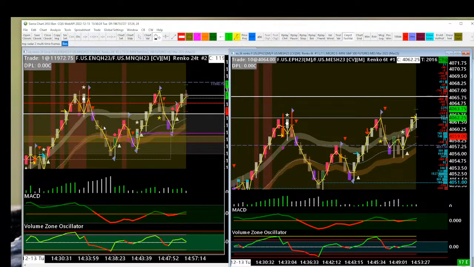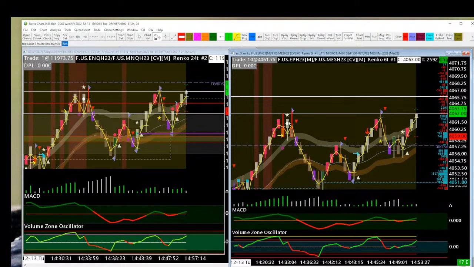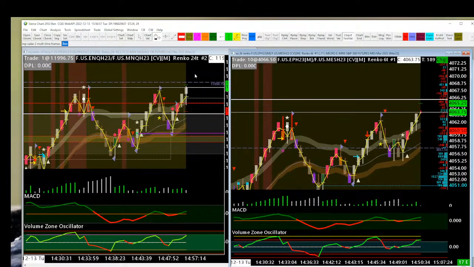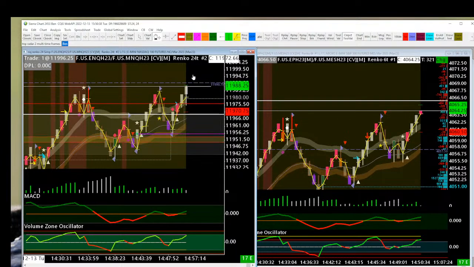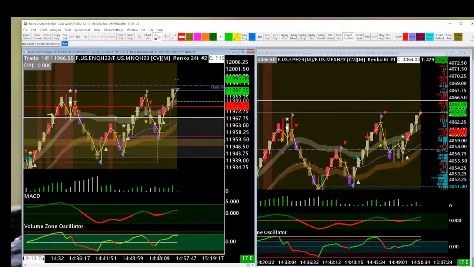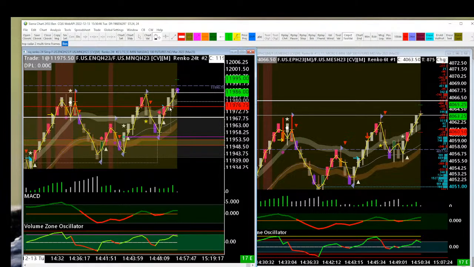Okay, so reject. Do they reject this red level? No. So they didn't get the green bar here. They got a volume anomaly. Usually they get traded underneath, but it did produce an immediate quick scalp higher after backing up into that line. Okay. Huh.